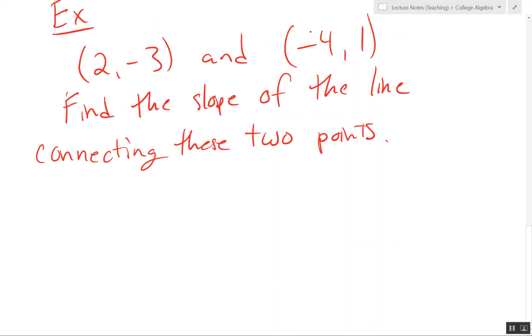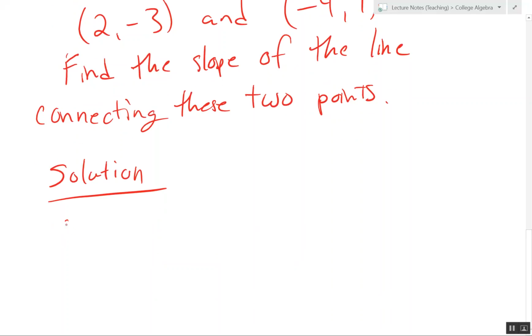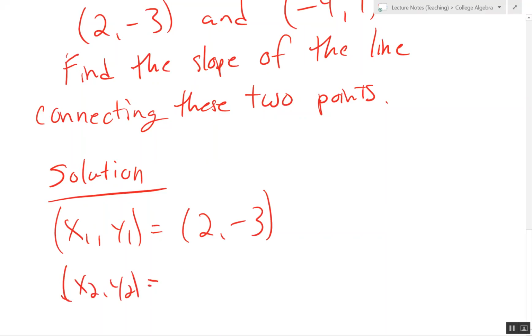The first thing we have to do is decide which ones are x1, y1, and x2, y2. So I'm going to let x1, y1 be 2, -3, and x2, y2 equal -4, 1.